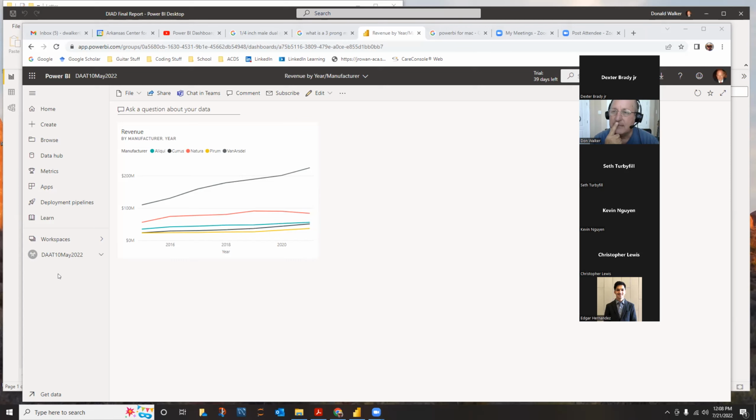So I think that's what I'm going to try and do. I'm going to try and add all y'all to my Power BI service and invite you in as members. If you don't have a Power BI service account, it may just say it can't help you.